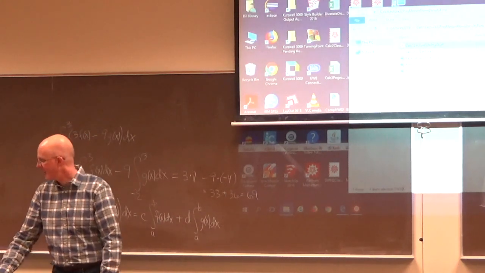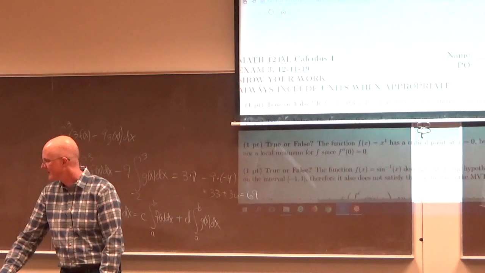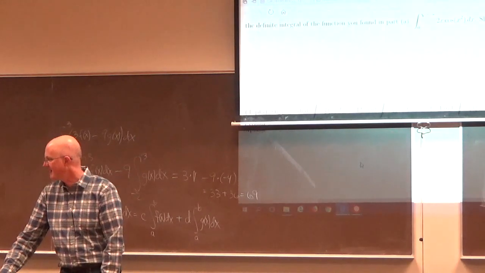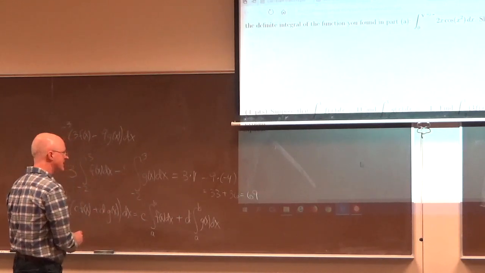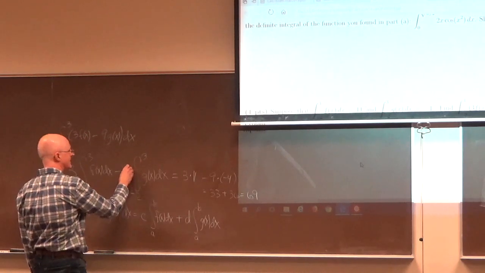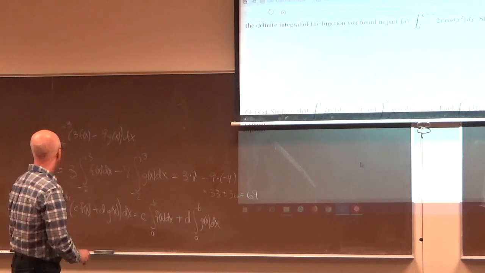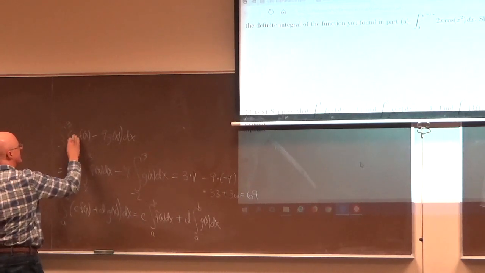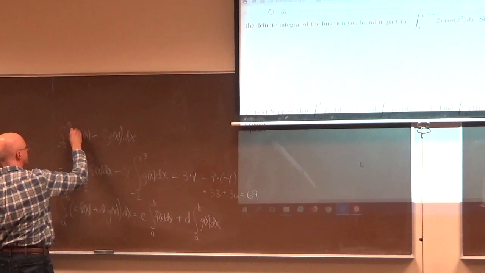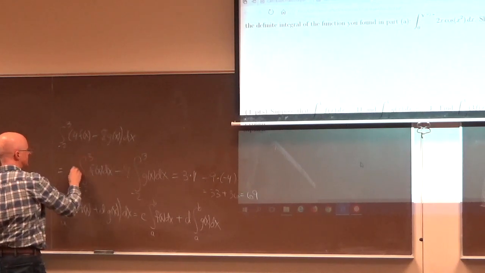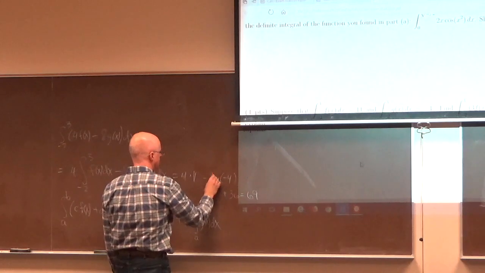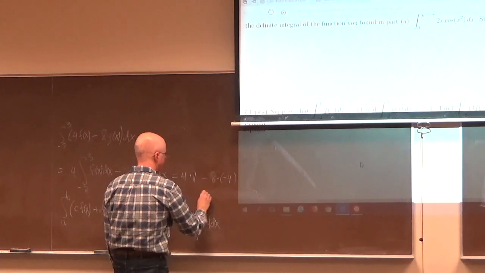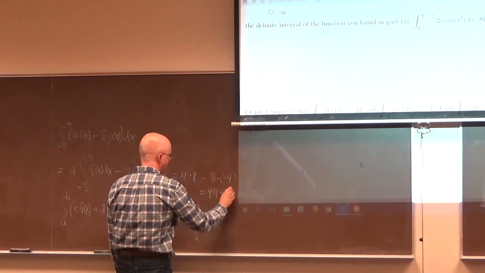I think it might have been -8. I think it was 4 times 11, because I remember it being 44 plus. Oh yeah, 44 plus 32, that looks better, 76.